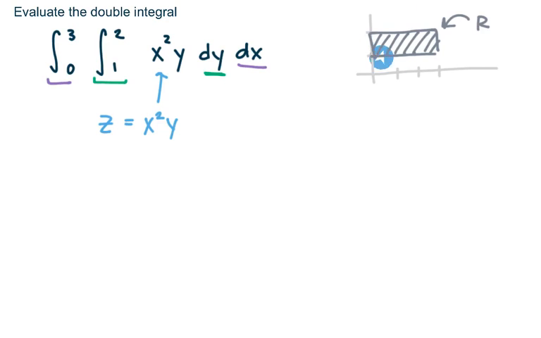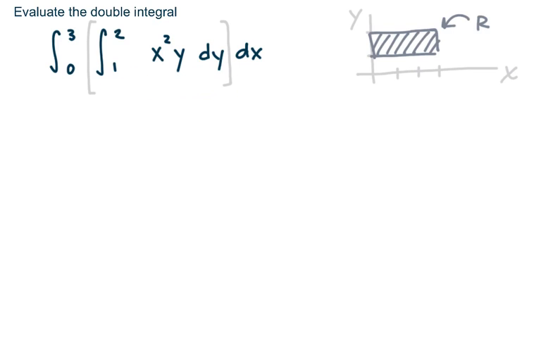And so that's floating above this region. The region is in the xy plane. And so z is somewhere up in space above the region. So when we do this integral, we're going to be calculating that volume between the surface and this rectangular region in the xy plane. So let's work from the inside out.